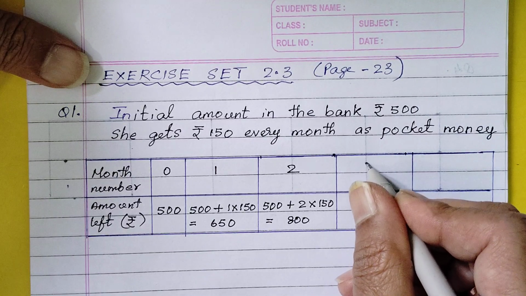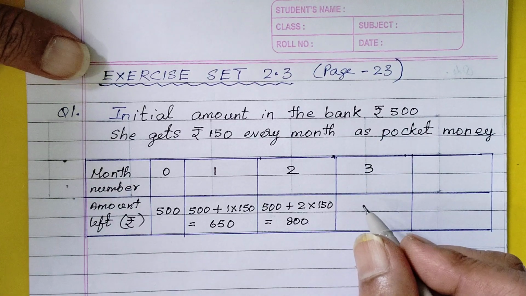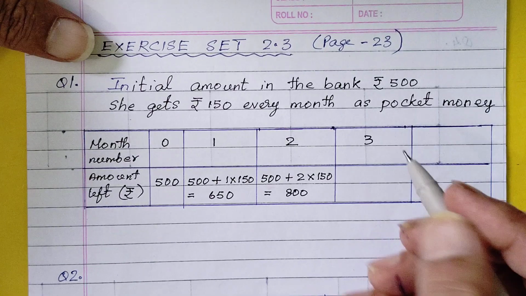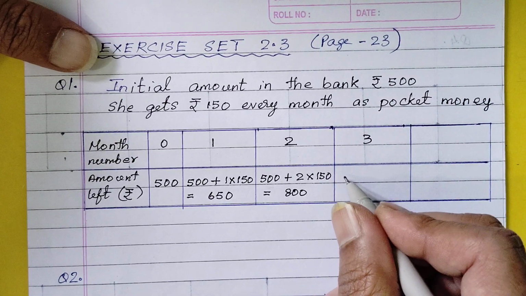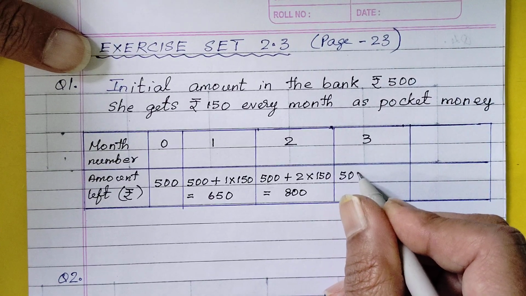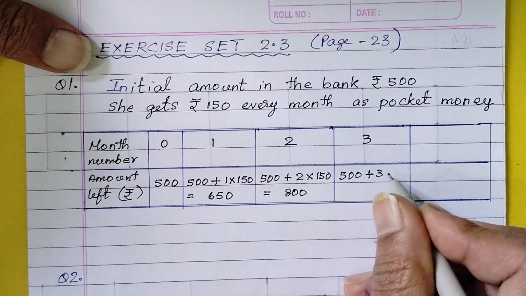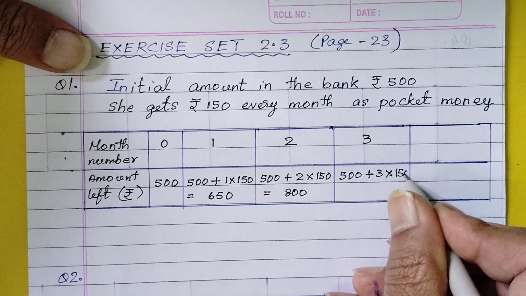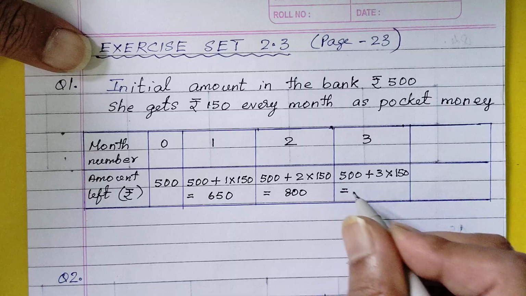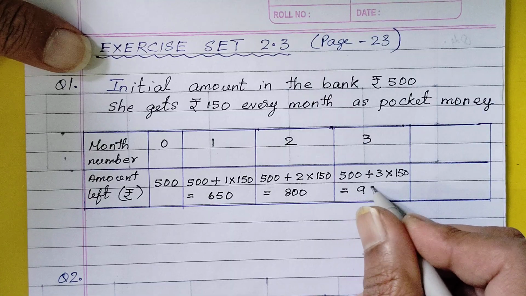At the end of the third month, the amount left in the account will be 500 plus 3 into 150, that's equal to 950.